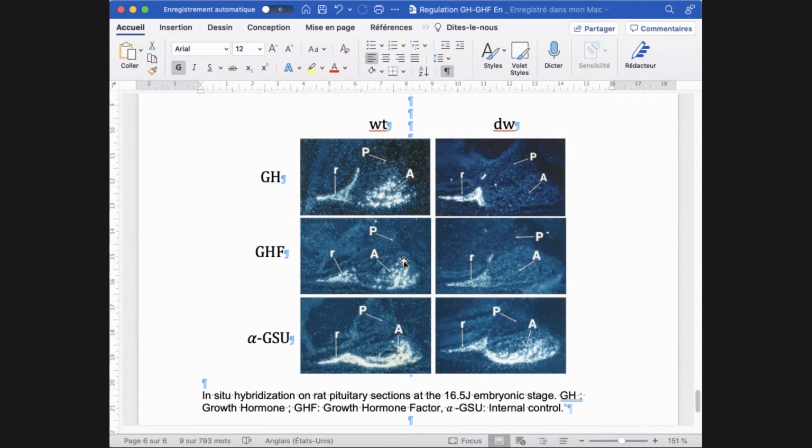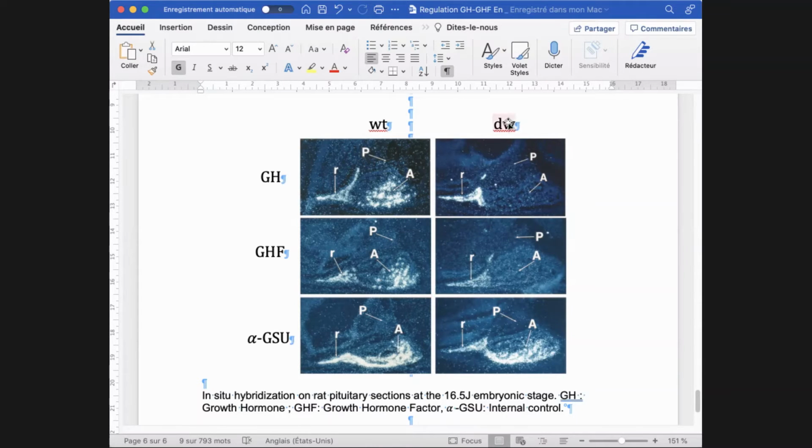So first we see that there is a signal of GHF. So it means that GHF in the wild type is functional, and moreover, it's expressed in the anterior part of the pituitary, which makes sense because this is the factor that is activating GH. Okay, so same territories of expression.